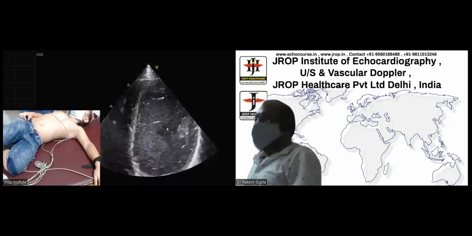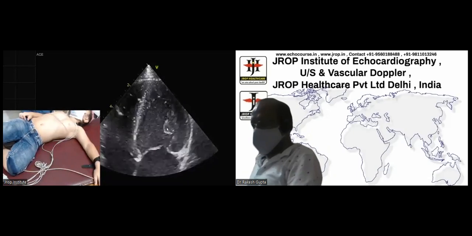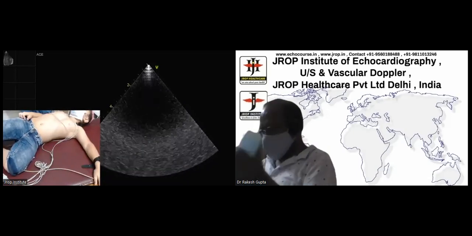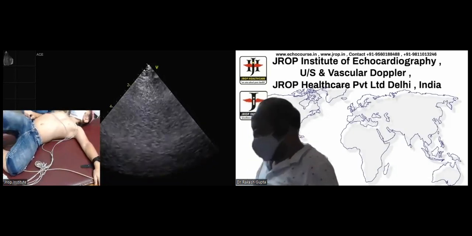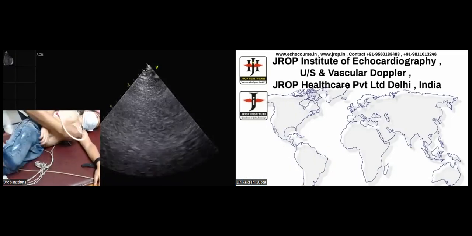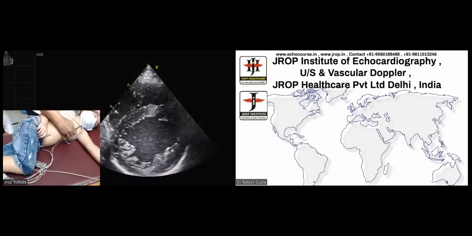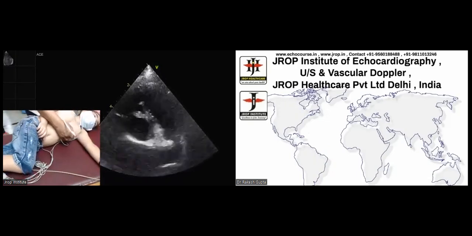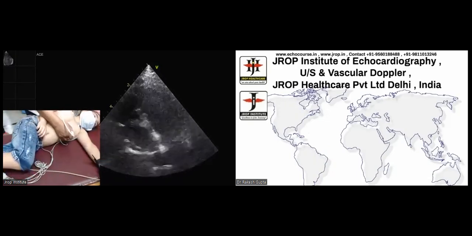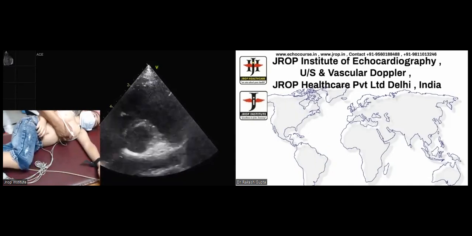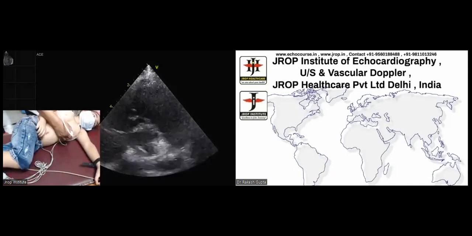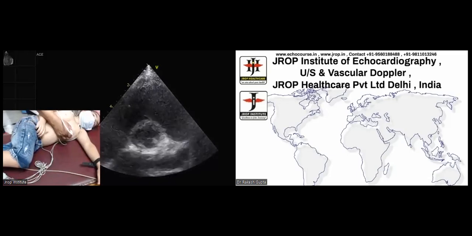Right? Once we have identified all these structures morphologically, the next point is: what is the relationship of the big chambers with their great vessels? So how do we look for a great vessel?